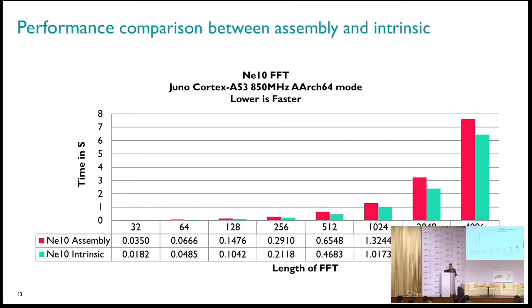I'll show you here. Here is a Ne10 FFT on Juno Cortex A53 in AArch64 mode. The vertical axis is the time cost in seconds, so if the bar is lower, it means the code is faster.